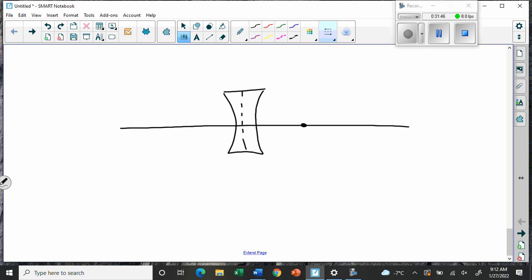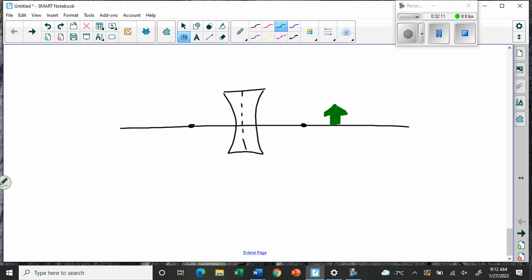We'll put some focal points on. Like that. Remember, these are not real focuses. Light never focuses in a diverging lens. It only appears to focus if you peer into the lens, look inside of it. Okay, let's put an object, say, maybe here. And let's see what happens.